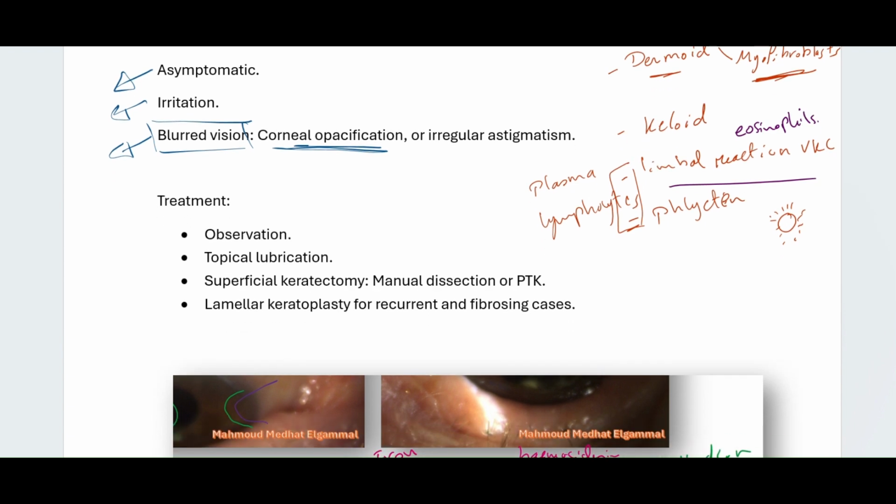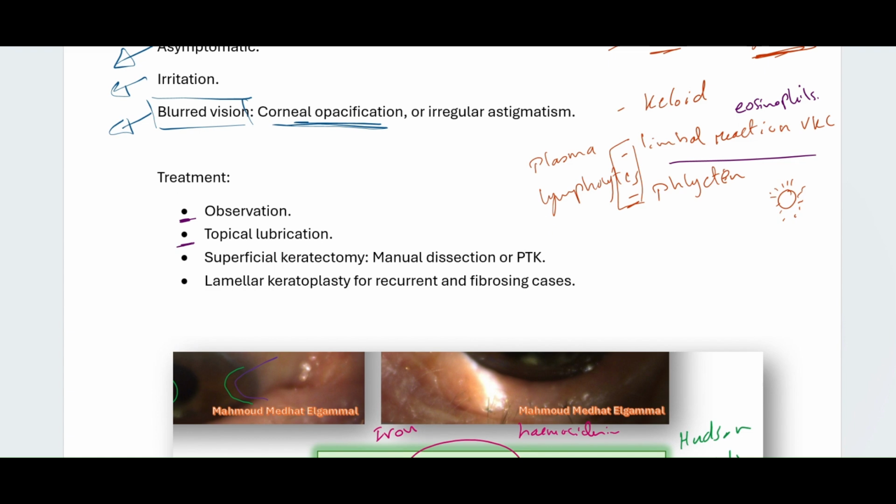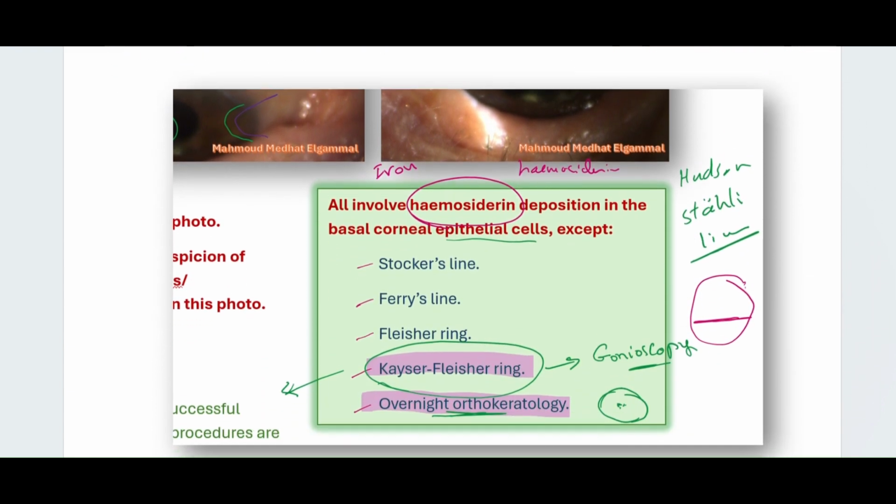Treatment, as long as it's asymptomatic, so treatment number one is observation, topical lubrication if there is irritation, and superficial keratectomy, either by manual dissection or phototherapeutic keratectomy, and in superficial nodular corneal scarring, lamellar keratoplasty might be required.